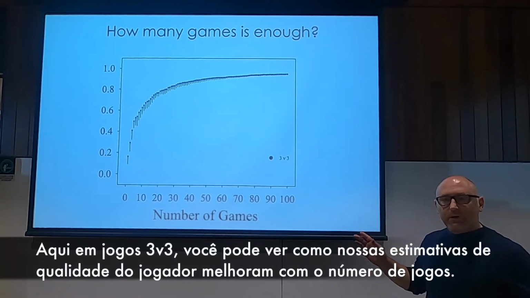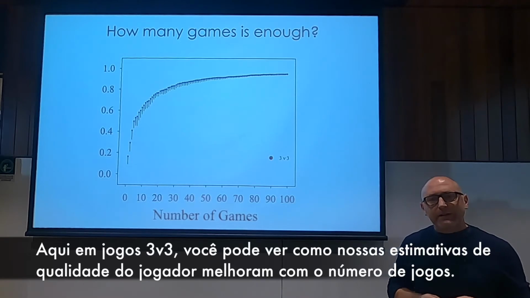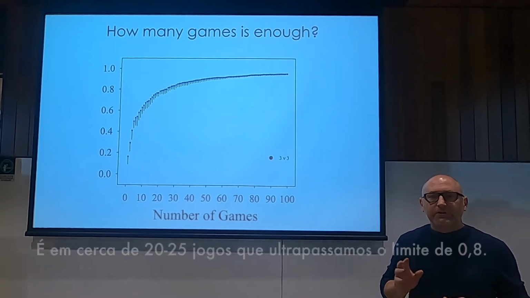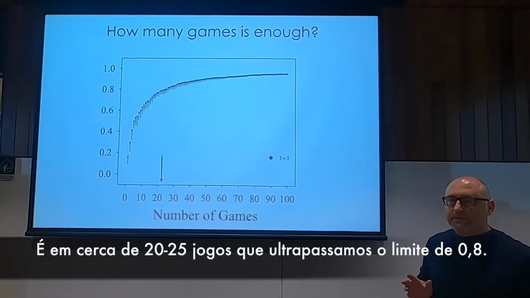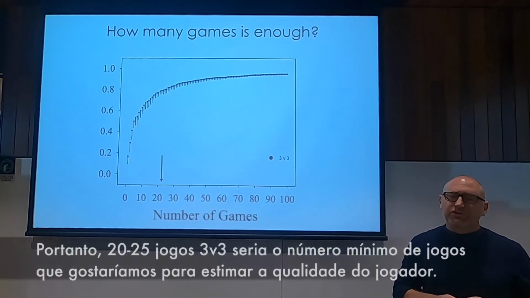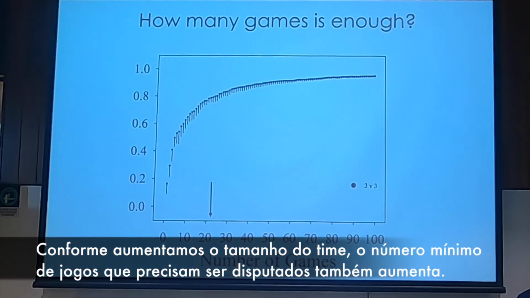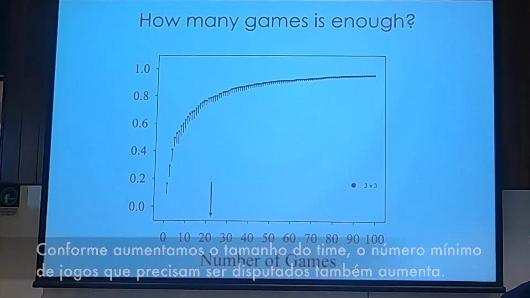Here, in the 3 versus 3 games, you can see how our estimates of player quality improve with number of games. It is around 20 to 25 games that we pass the 0.8 threshold. So 20 to 25 3 versus 3 games would be the minimum number of games we would want to estimate player quality. As we increase the team size, the minimum number of games that need to be played also increases.